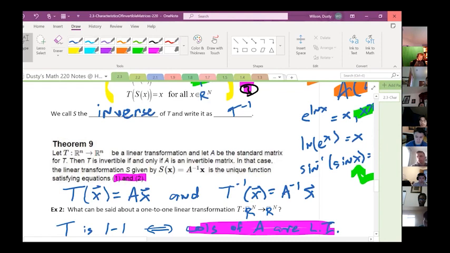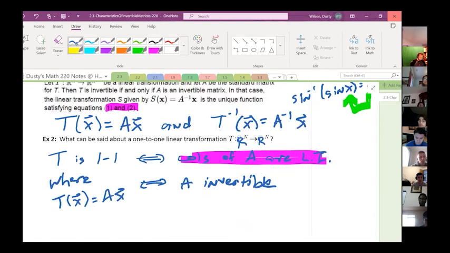Since we know that A is invertible, that must mean that A inverse is the inverse of T, so this tells us that T is invertible.